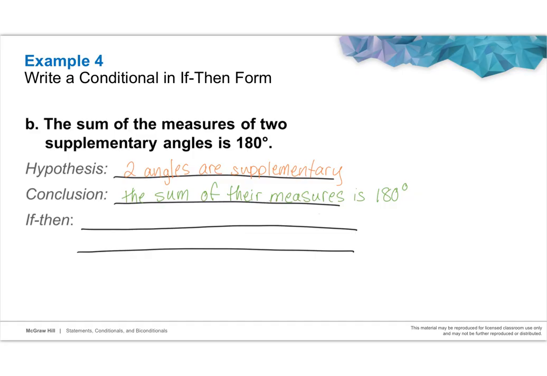So if we put those together with our if-then structure, we can say: if two angles are supplementary, then the sum of their measures is 180 degrees.